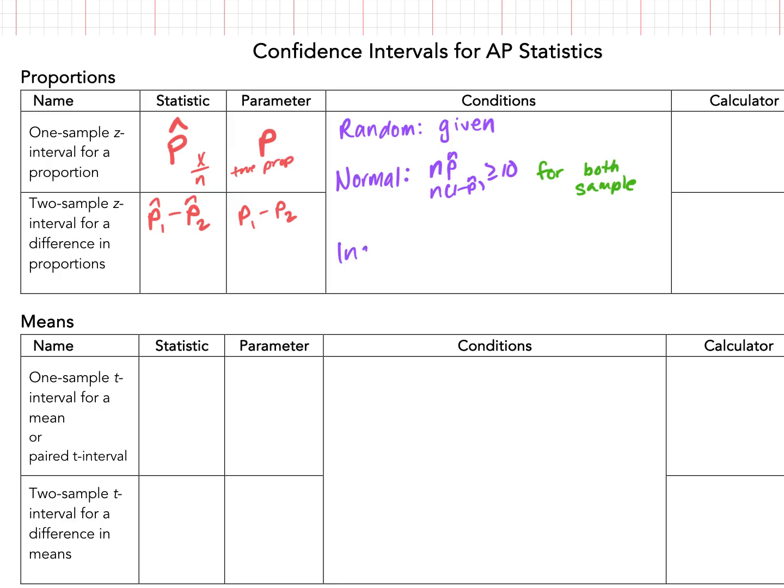And for independence, you're going to have two possible things. You're either going to do N is less than 10% of the population, or individual responses are independent, depending on how you check your random condition.